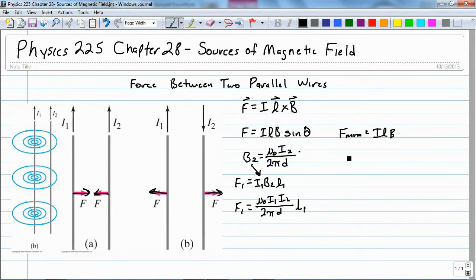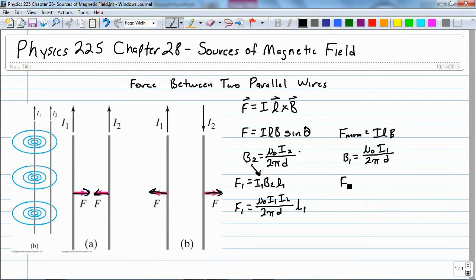Now I can do the same thing for the other wire. I can say that my magnetic field due to wire 1 is going to be equal to mu naught I1 over 2 pi d.